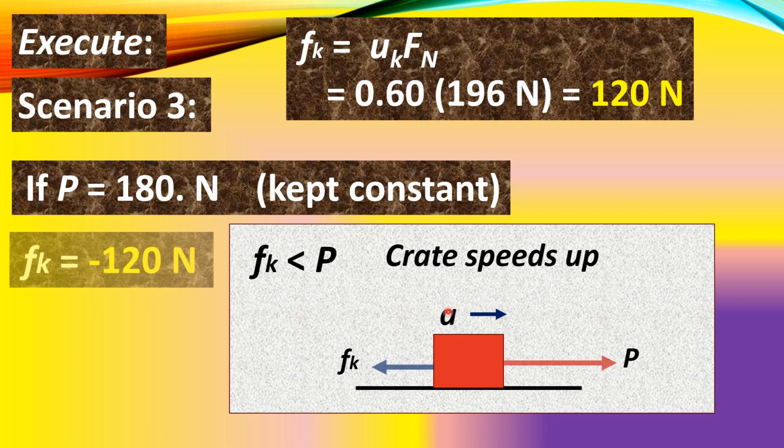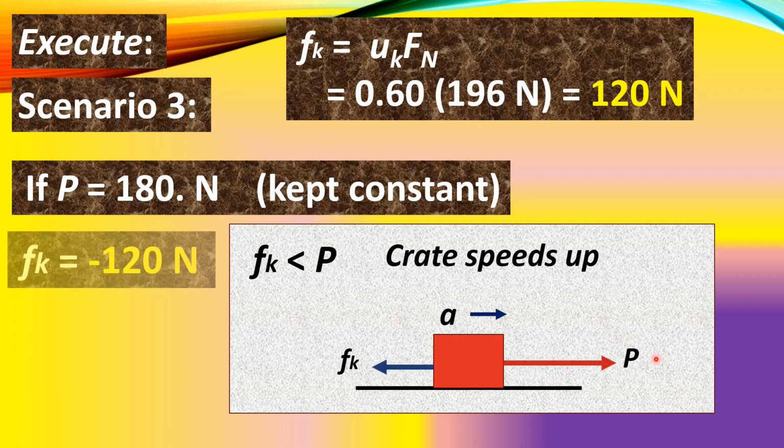That is what's going to happen if there is a net force that acts on the body in the direction to the right. The acceleration will also be directed to the right, and that is what we're going to calculate in just a short while.